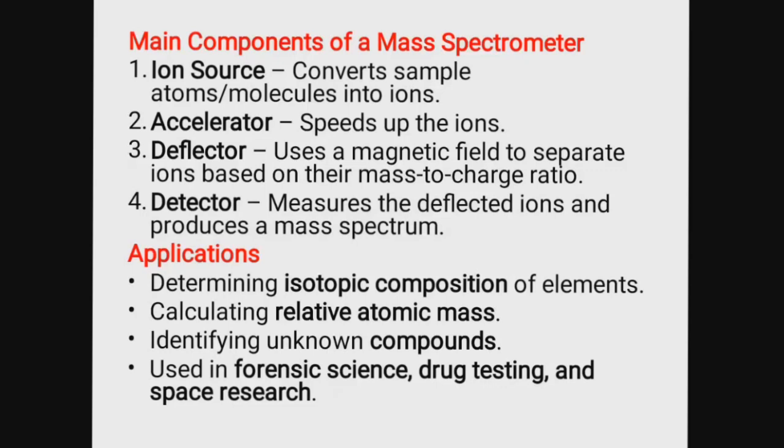Now, I said that there are some applications of this mass spectrometer. It helps to determine the isotopic composition of elements. When you have an element in the lab as a chemist and you are confused whether this element has isotopes or not, it will help you to know whether it exhibits such a phenomenon or not.